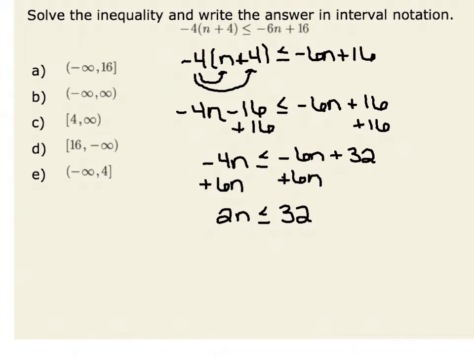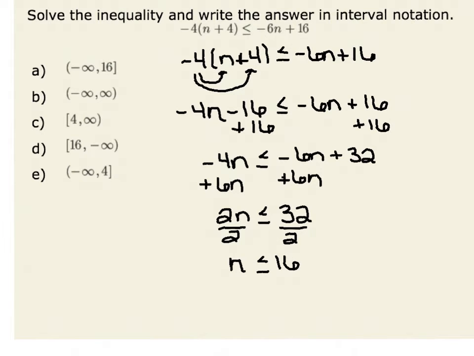Finally, I could divide both sides by 2, giving me that 2 divided by 2 makes 1, so n is less than or equal to 32 divided by 2, or 16. Therefore, any value of n less than or equal to 16 should satisfy our inequality.